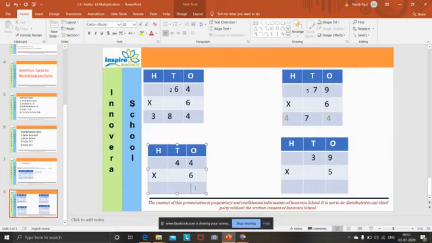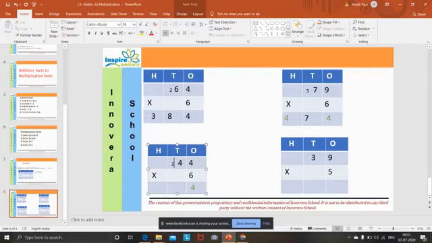Now 6 4s, we have 4 6s. It is 24. 4 we have written down, so at the top we carry 2.